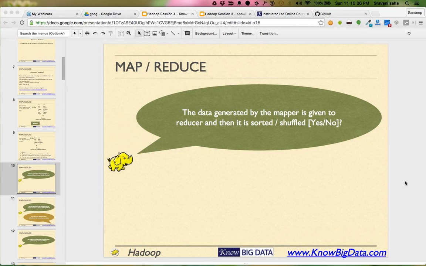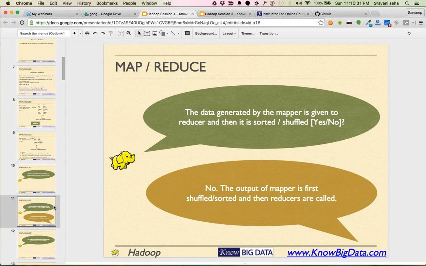Is that correct? It is not correct. It is sorted before it is given to the reducer.